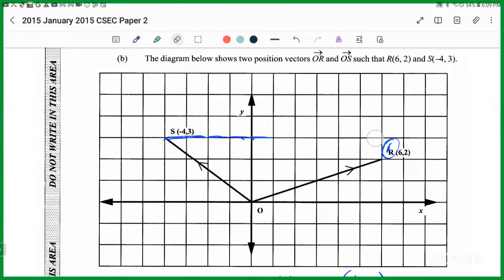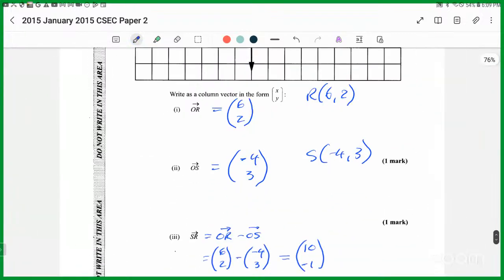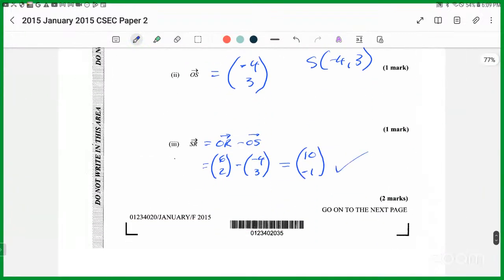So the calculation and diagram match, so we know that this answer is correct, with the diagram showing the same thing.